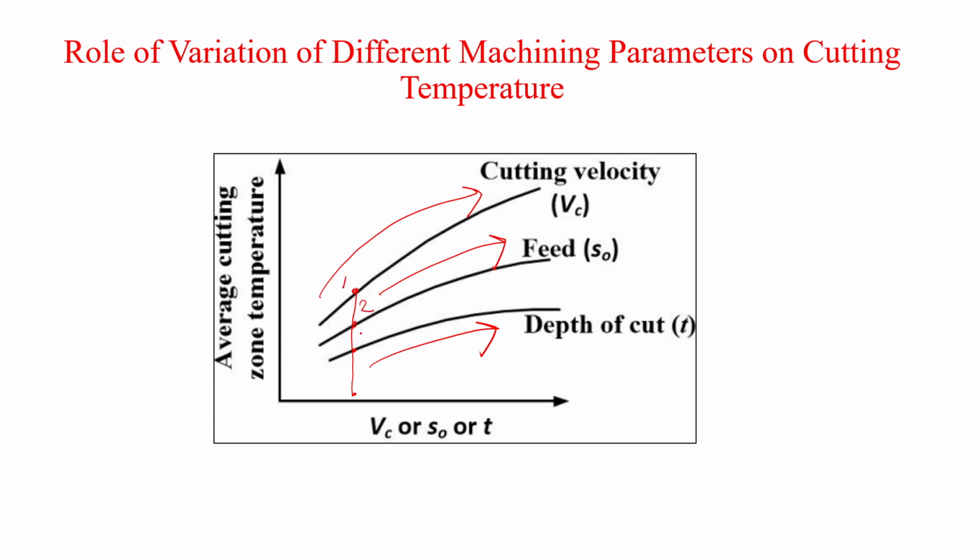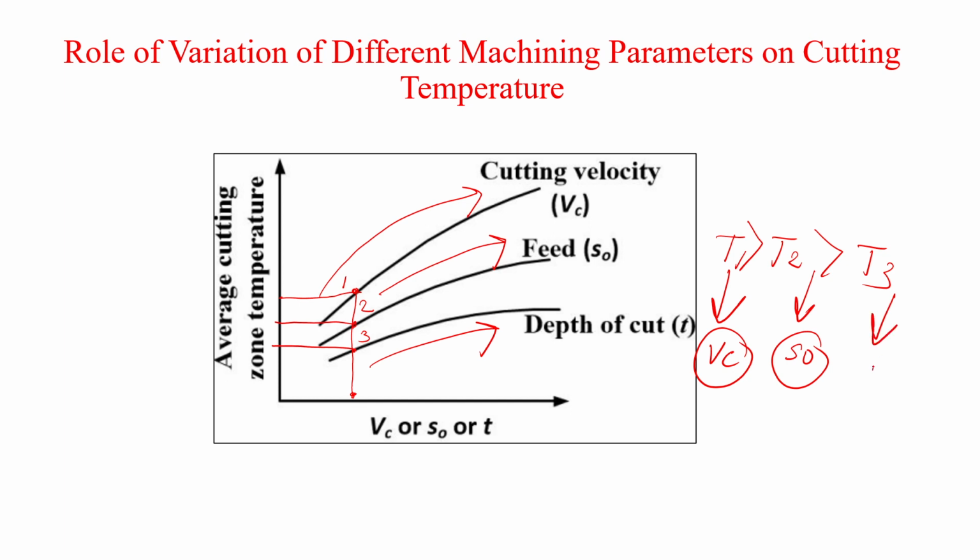The temperature here is this much, here this much, and here this much for the same value of x. So T1 is greater than T2, which is greater than T3. T1 corresponds to the cutting speed, T2 to the feed, and T3 to the depth of cut. So the impact of cutting speed on temperature is highest, compared to feed, and then depth of cut.